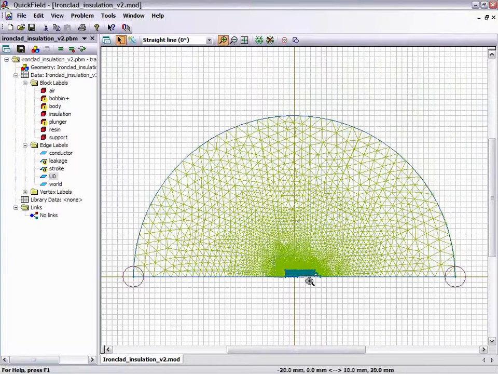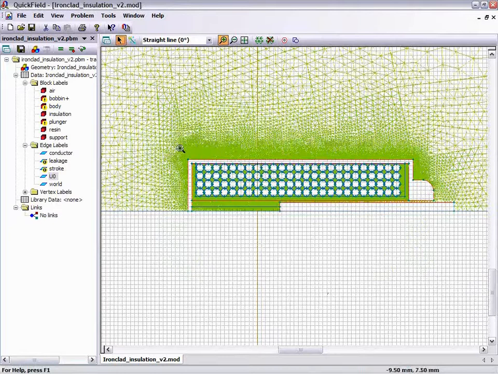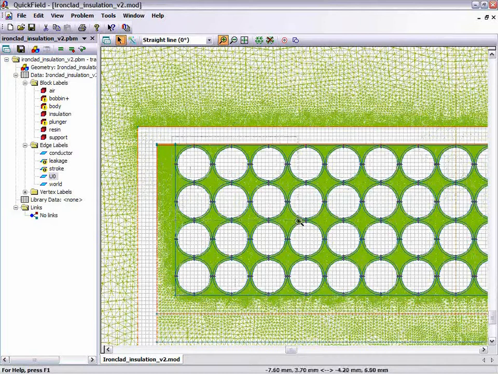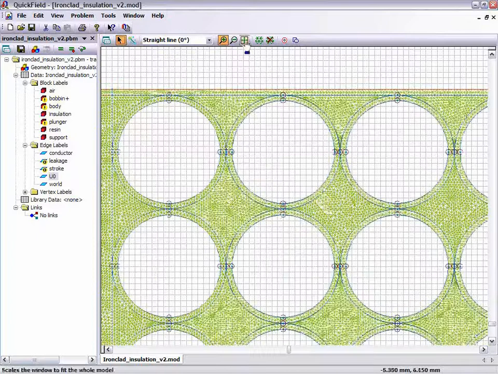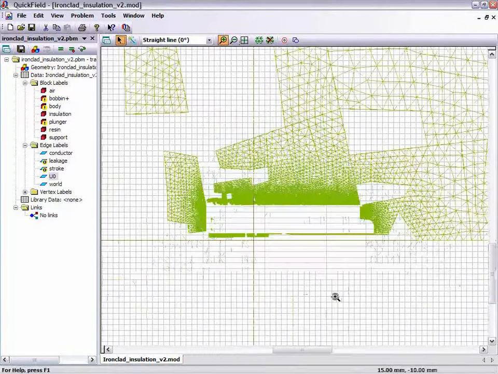So in our design, you can recognize the simple design that was made in the beginning of this webinar, but this one is a little more complex because we have the coil here. We have designed the insulation of the wire. You can see here.